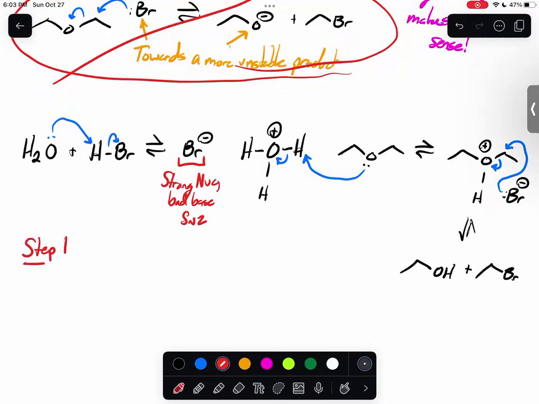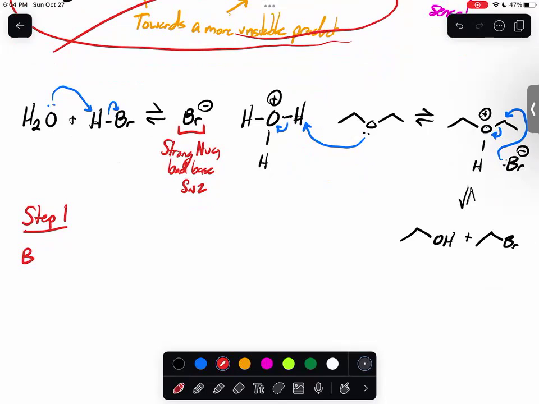Our bonds broken are, and this is of course the acid base that we're talking about for step one. Our bonds broken are the HBr bond, and then our bond formed, we are forming the OH bond. Right?